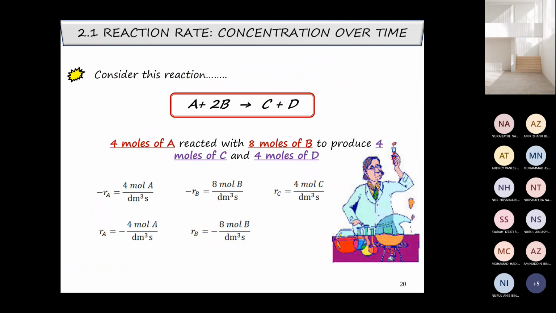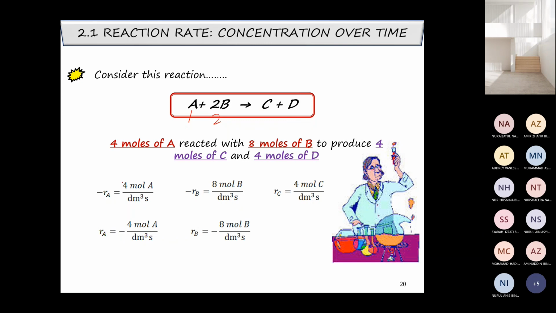Okay, so consider this reaction: A plus 2B is equal to C plus D. 4 moles of A reacted with B, 8 moles. That's why there is 1 here and 2 here, so 1 times 4 is 4, and 2 times 4 is 8, to produce C, which is 4 moles, and also D, 4 moles.